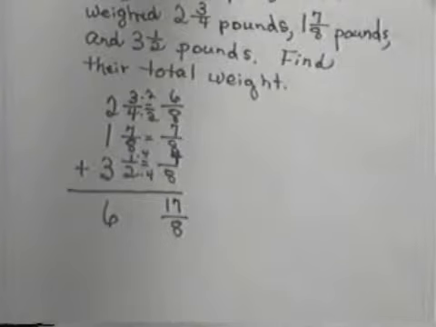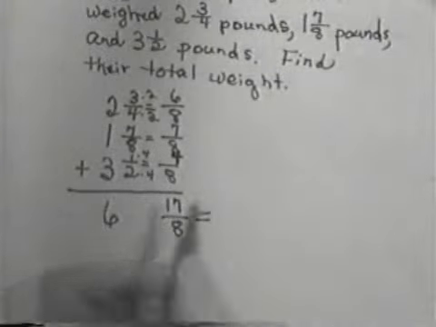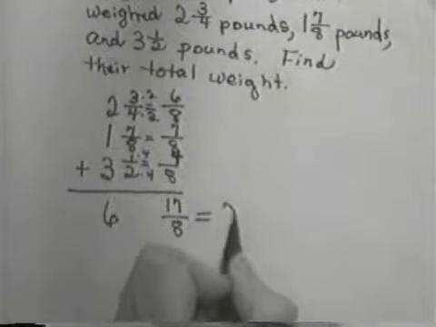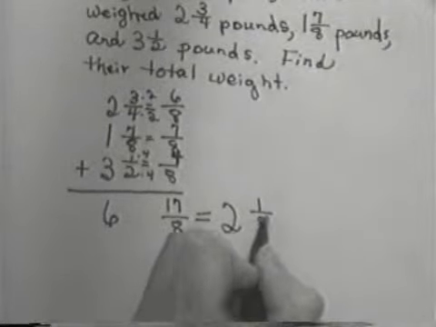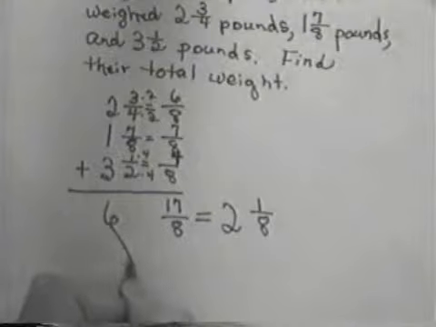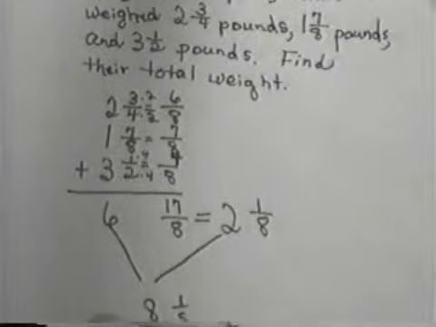Now, we never want to leave a whole number and an improper fraction. So we need to divide our improper fraction out, change it back to a mixed number. That would give us 2 and 1/8. And if we put that 2 with the 6 that we already had, we'll end up with 8 and 1/8.